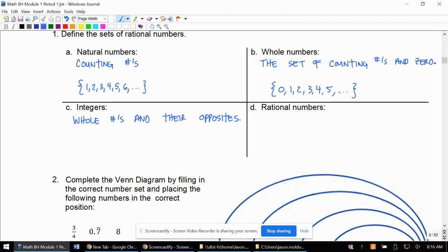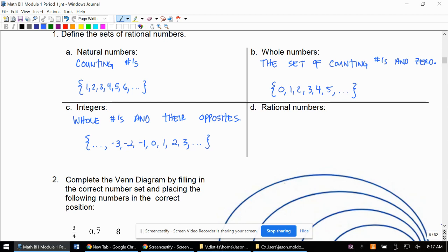And so integers unleash the left half of the number line. So we'll do a brace, ..., -3, -2, -1, 0, 1, 2, 3, ... And we're still skipping over fractions and decimals unless they simplify down to one of our integers.